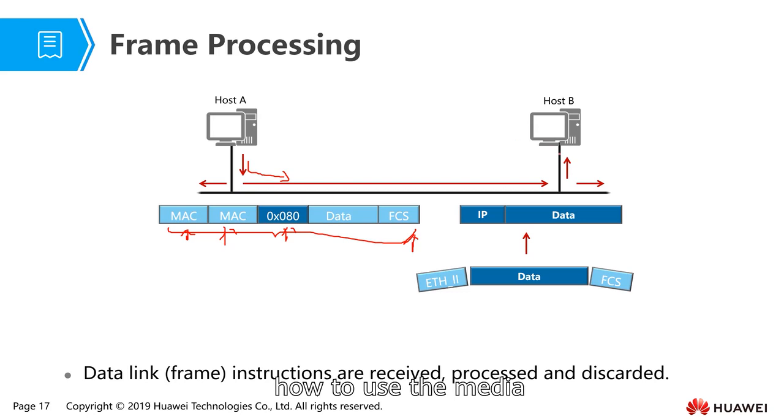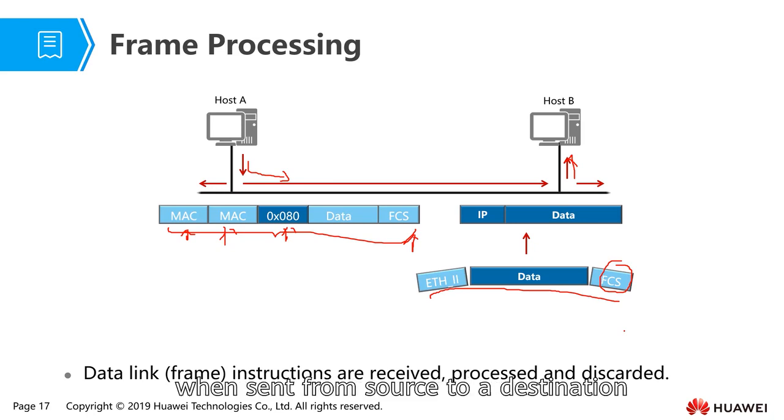Of course, in this network there may be many devices. The device will receive it; it will sense and get the signals in the network. When the device first receives it, it uses the FCS, frame checksum, to detect if the signals have been destroyed or are not correct when sent from source to destination.